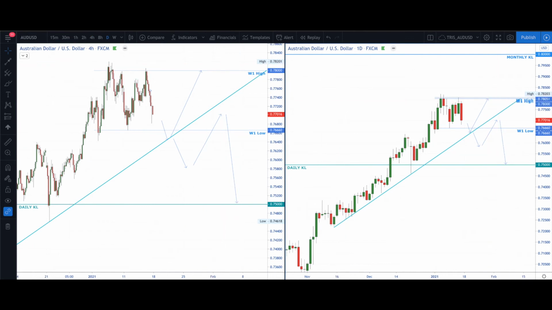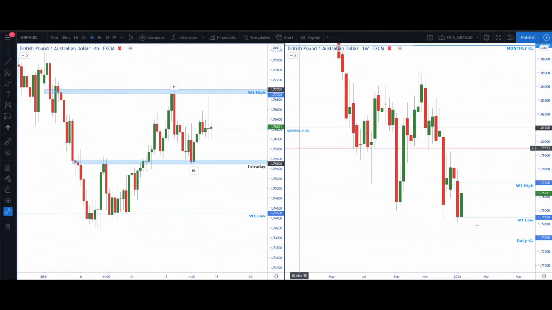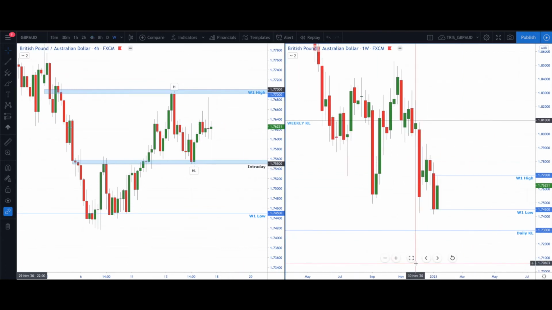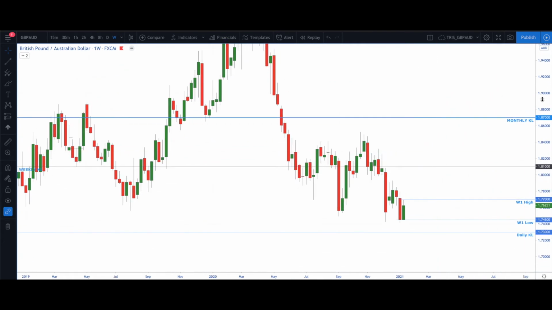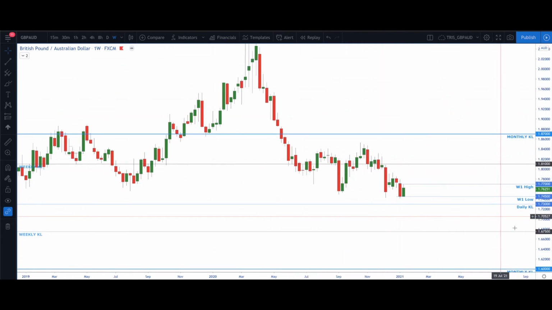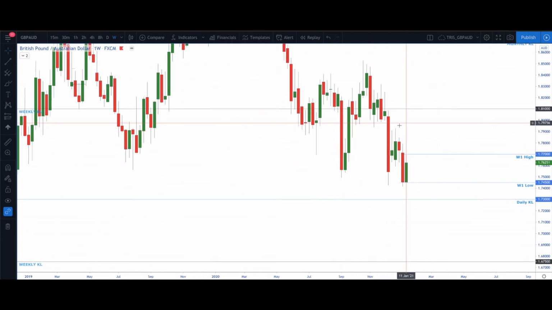And then last but not least, look at the pound Aussie, GBPAUD, on a weekly time frame. Let's expand this chart. If we're looking at the weekly chart, you can see obviously it is very bearish, and we have made significant lows in the past few weeks, unable to sustain higher, and it's just creeping lower.